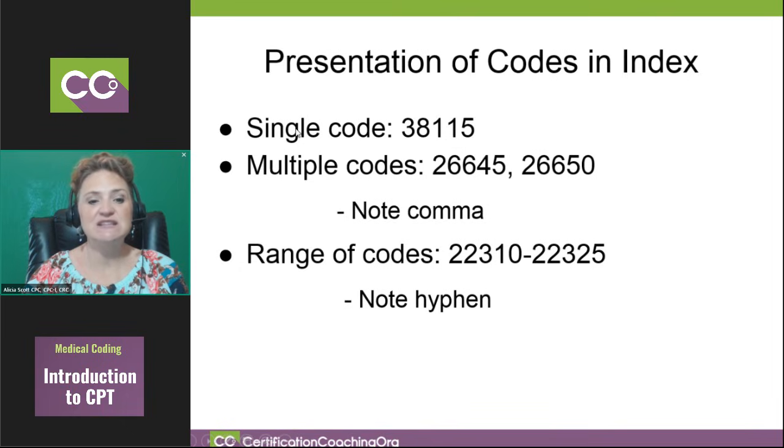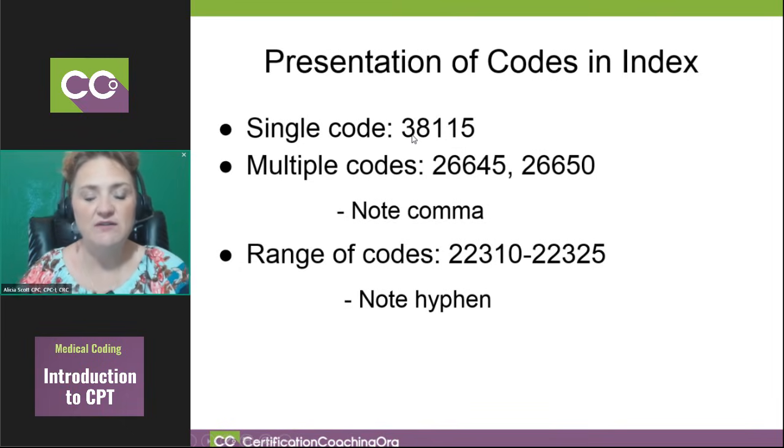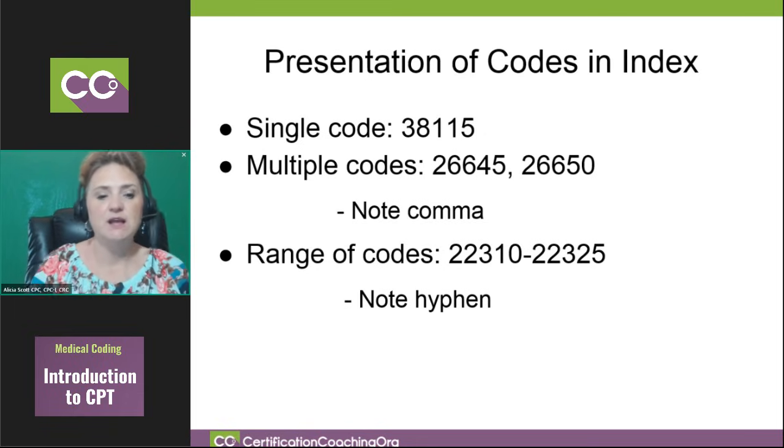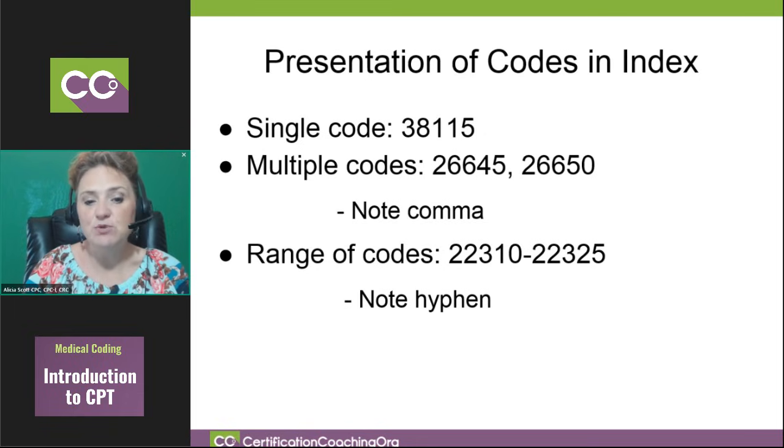Presentation of the codes in the index. You'll have a single code, for example 38115. That's your code. Go look it up. But you could have multiple codes that are applicable. For example, you look it up and it says it could be 26645, 26650.